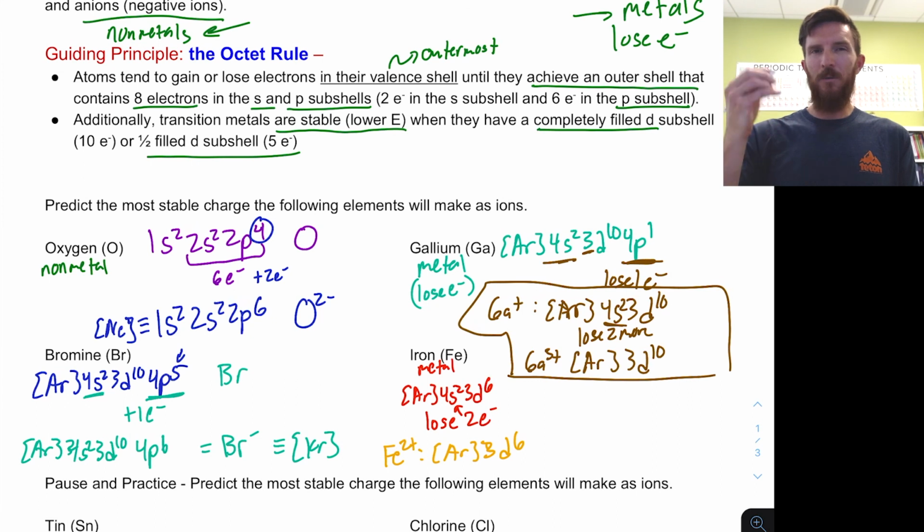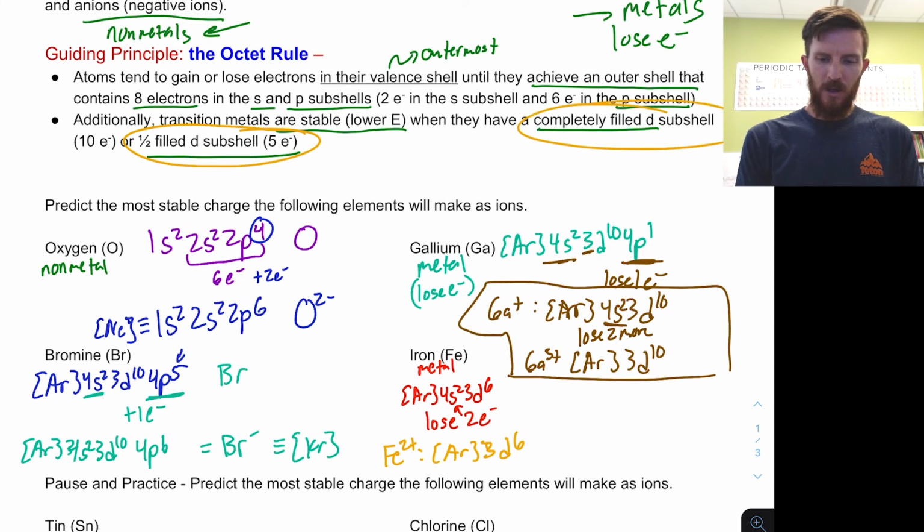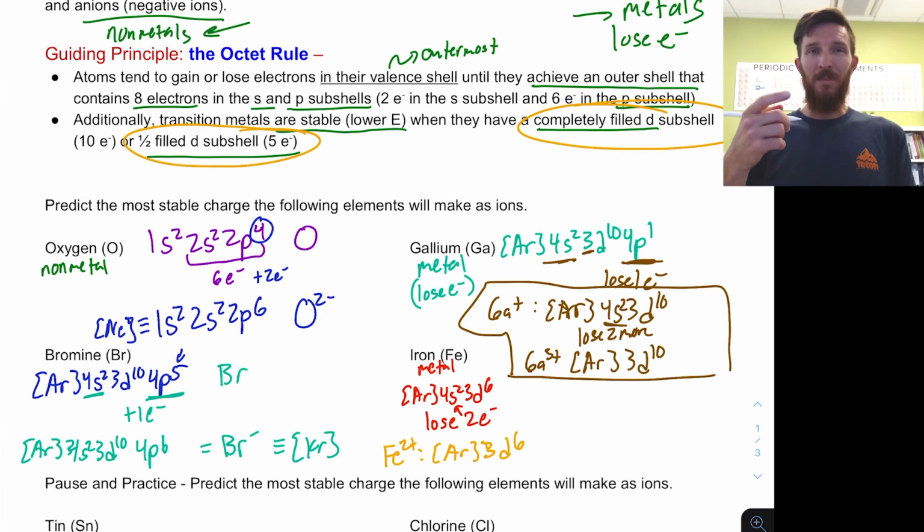And then we remind ourselves a little bit about when we originally talked about electron configurations, that our transition metals like to have fully filled or partially filled, half-filled d subshells. Even though our 3d electrons are not in our valence shell, iron now has its highest energy electrons in this 3d subshell, and it has 6 of them.